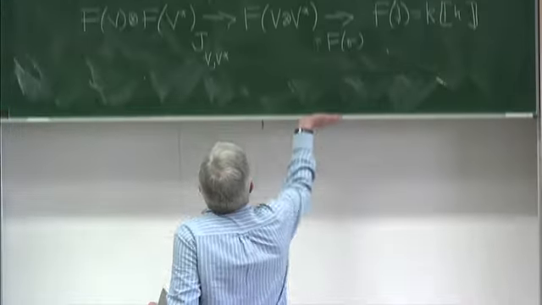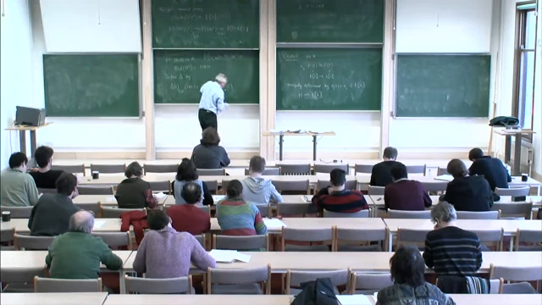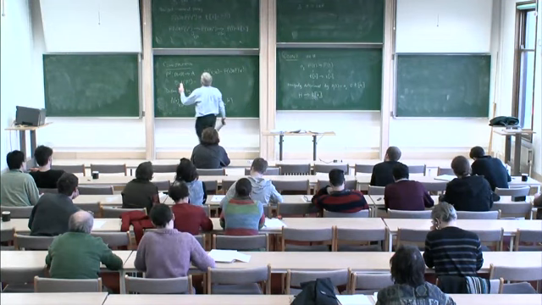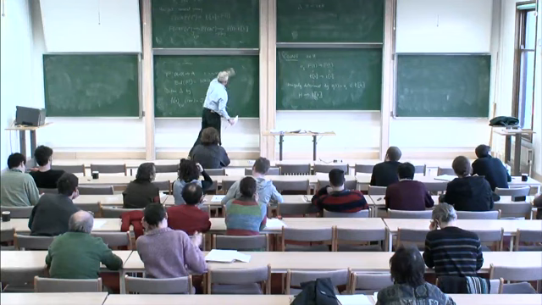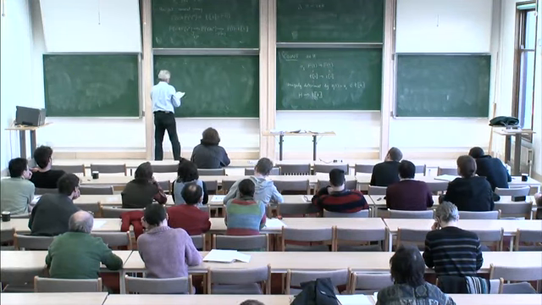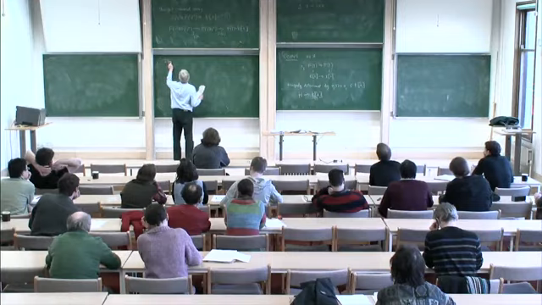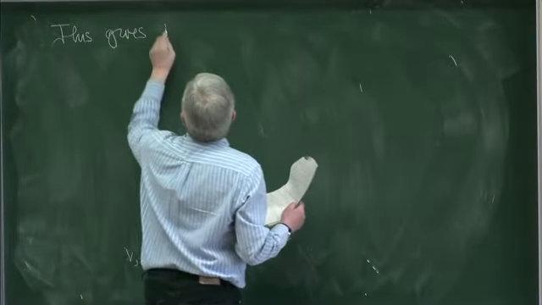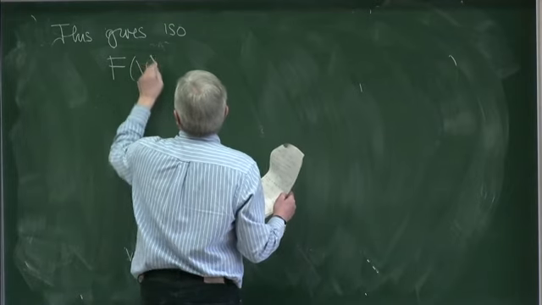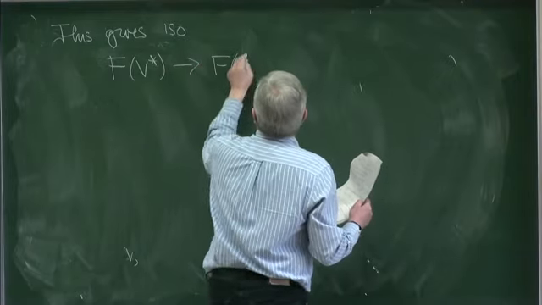Now, this gives us an isomorphism. This pairing, F of V dual to F of V dual.